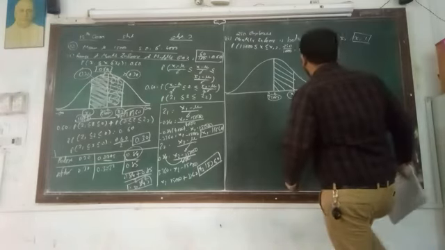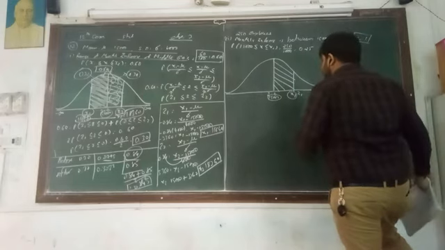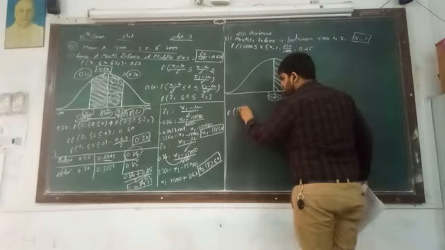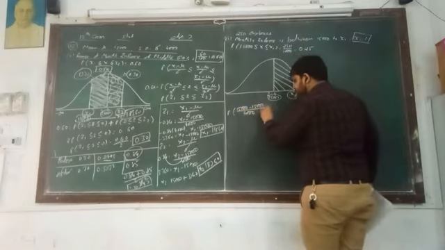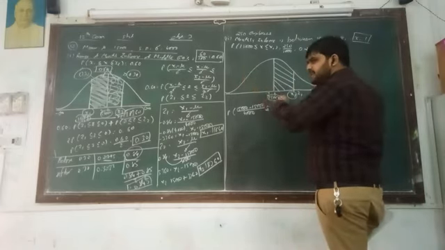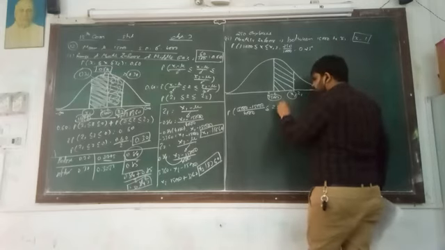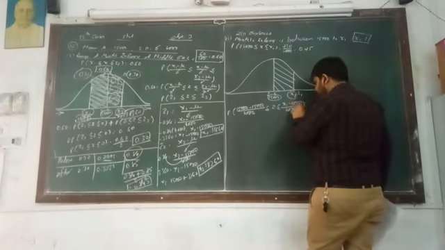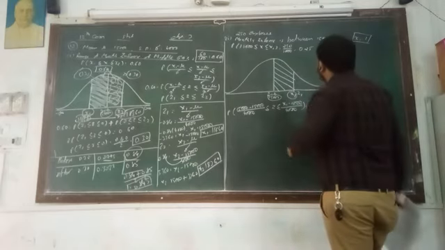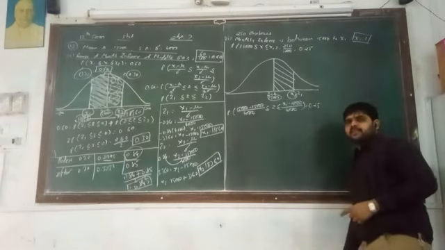As we know, first of all we have to convert x into z. So here z is equal to x minus mu upon sigma, that is, x1 minus 15,000 divided by 4,000. That value is 0.25 because it's 250 employees.